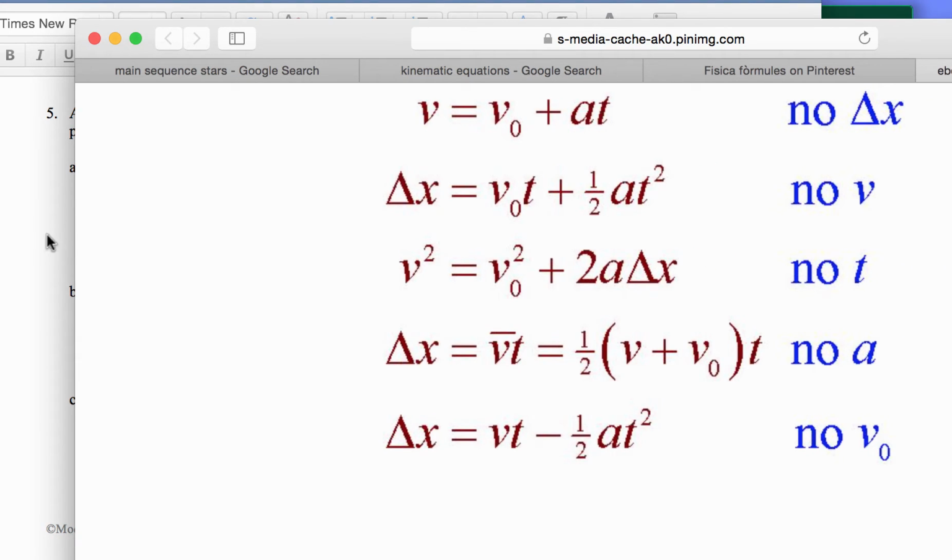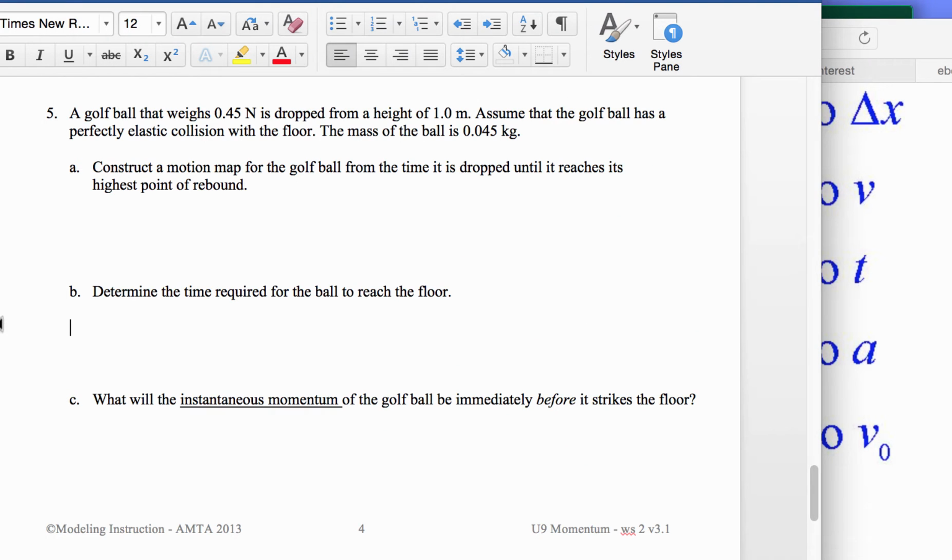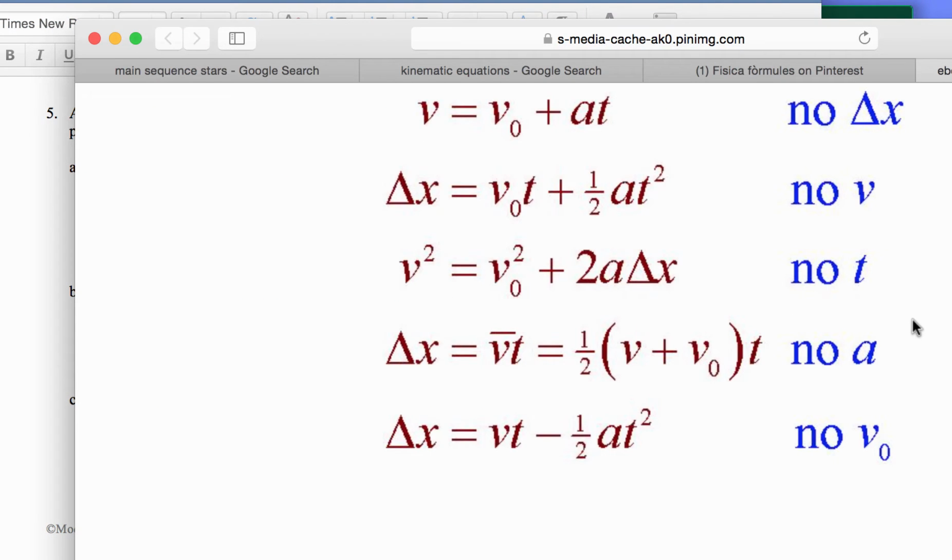We want to find the one that has, the V's are velocities, A is acceleration or gravity, and T is time. We want to know time. So we want to find the one where we know everything except time. Do we know the change in height of the ball? Yeah. Do we know the initial velocity of the ball? Yeah. So yeah, we want to use this one.